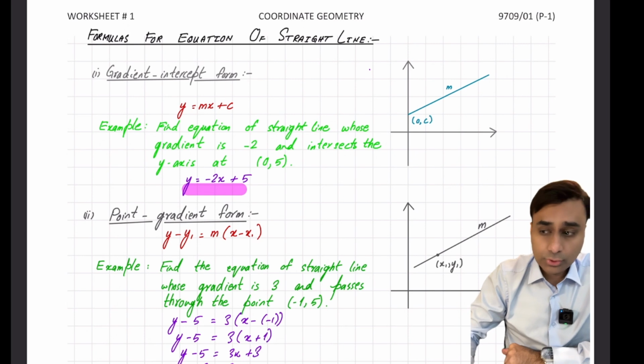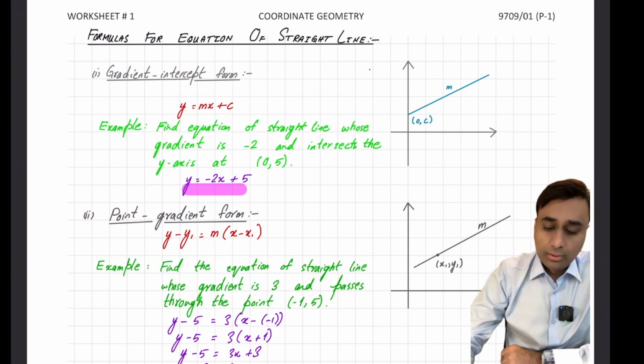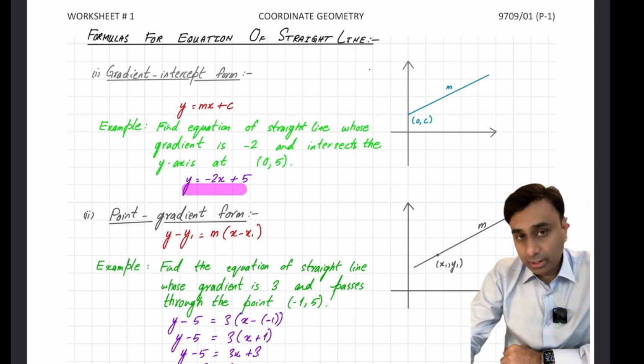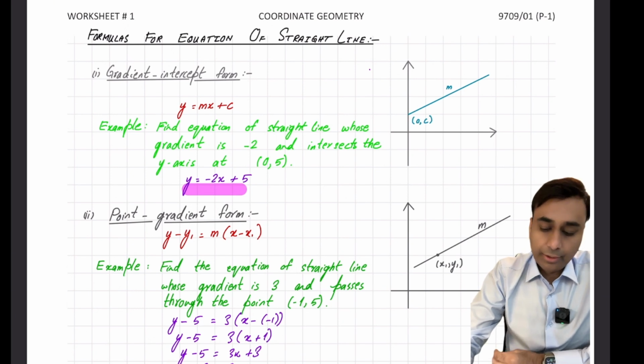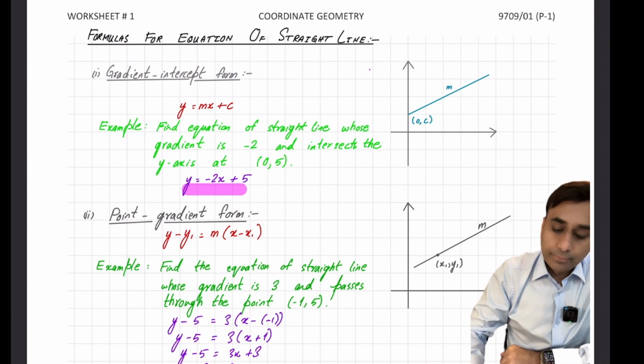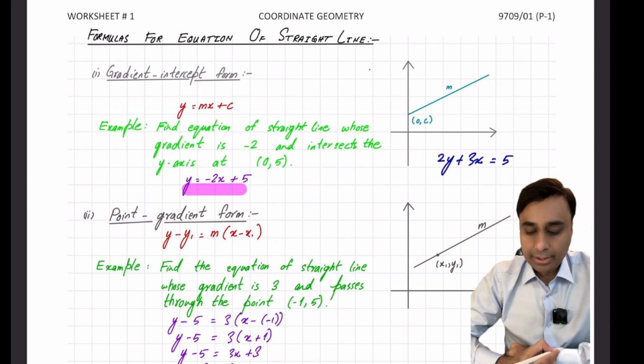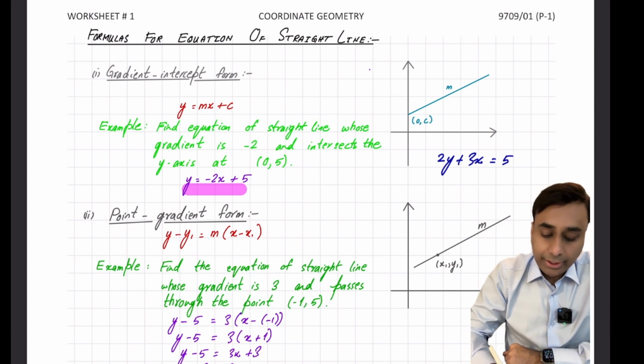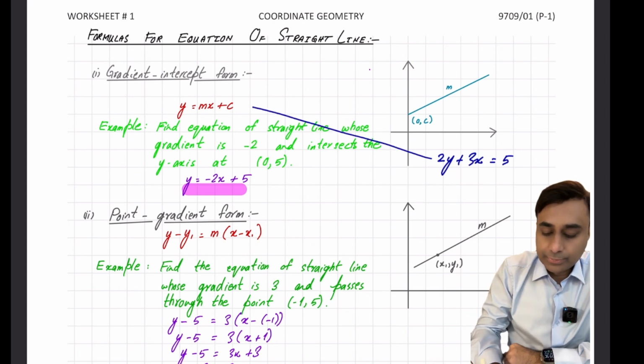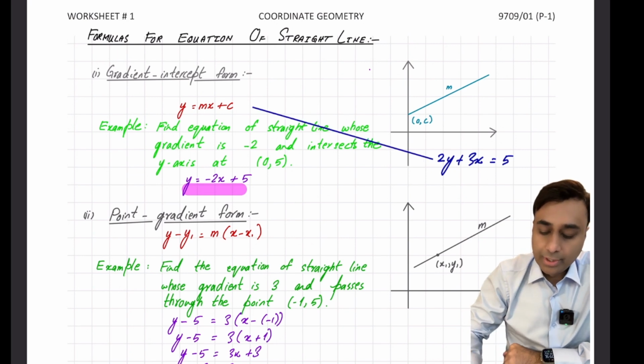This form is also useful in situations where you are given the equation of a straight line and you have to find the gradient and y-intercept. For example, if you are given an equation in the form 2y + 3x = 5 and you have to find its gradient and y-intercept, you can rewrite this equation into the form y = mx + c.